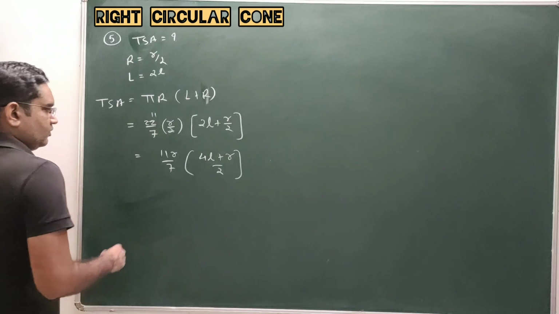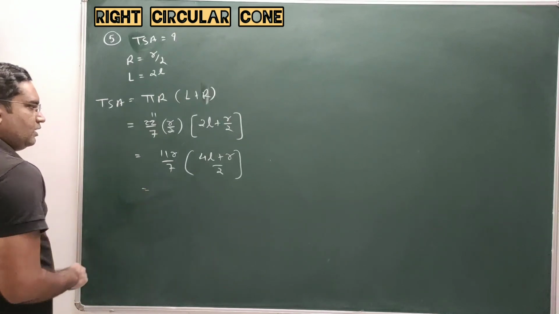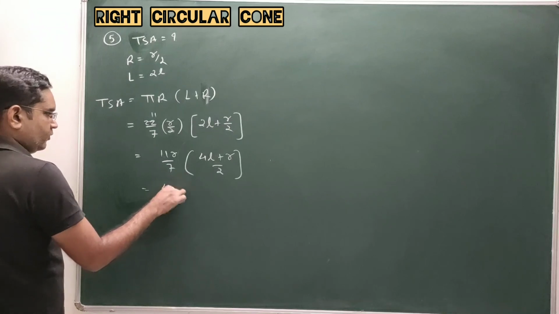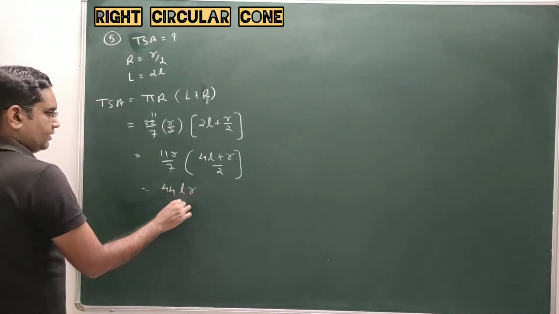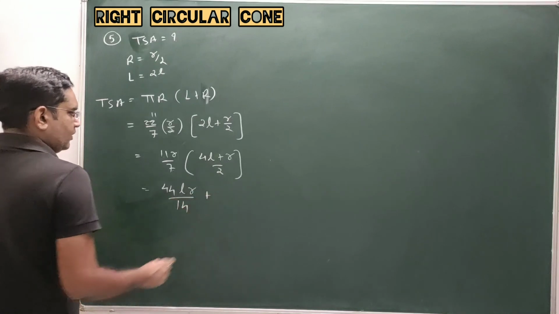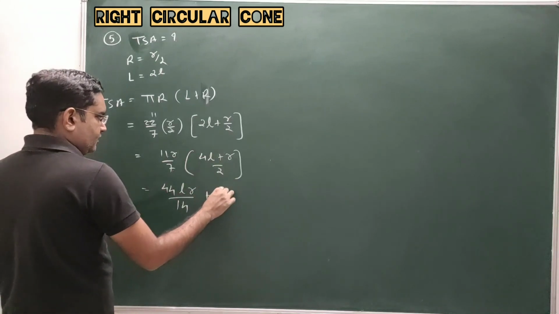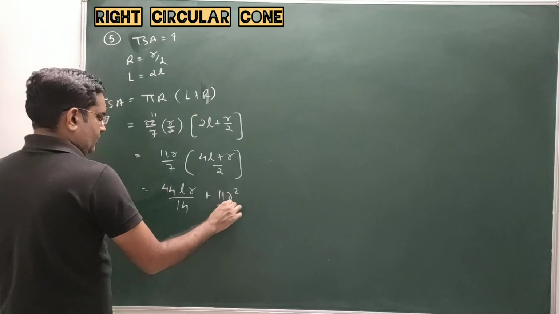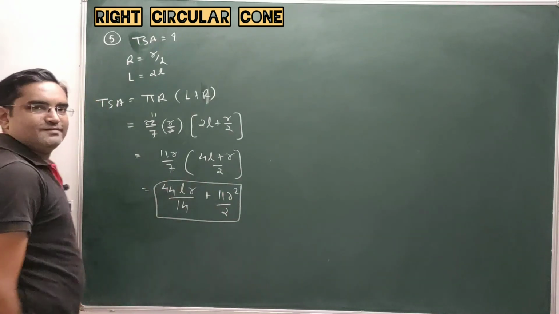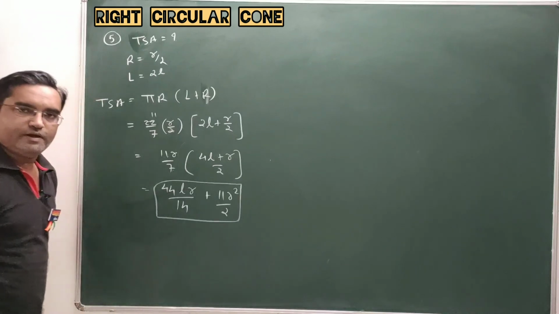Done, this is the answer. If you want to simplify it, write 44 L r by 7 plus 11 r square by 14 is the answer. Done. Pause the video and note it down.